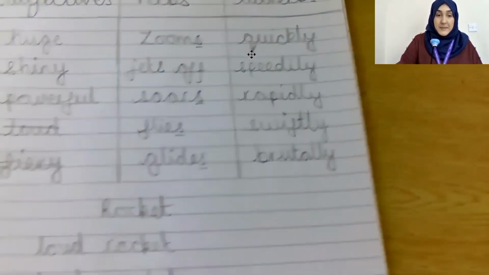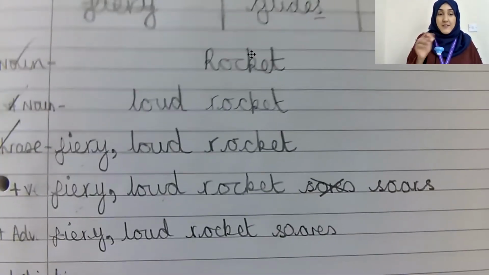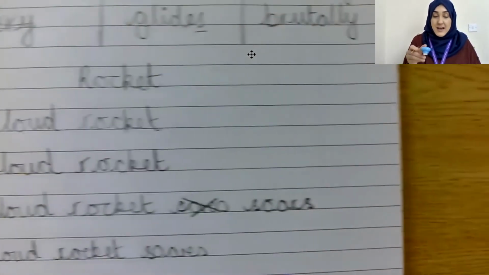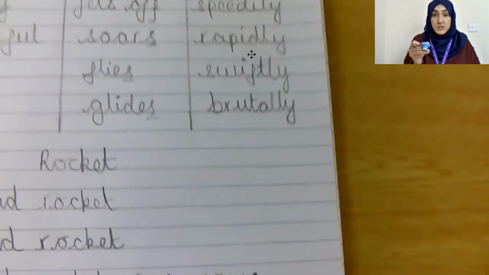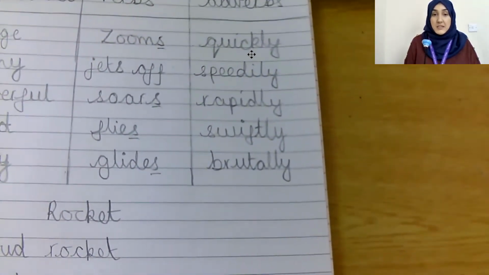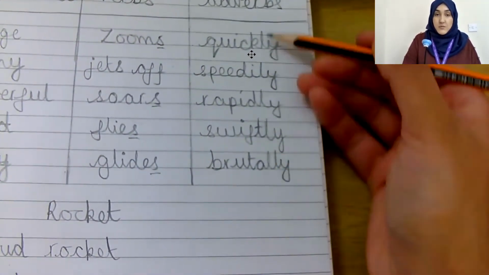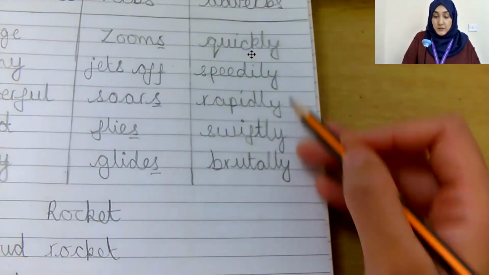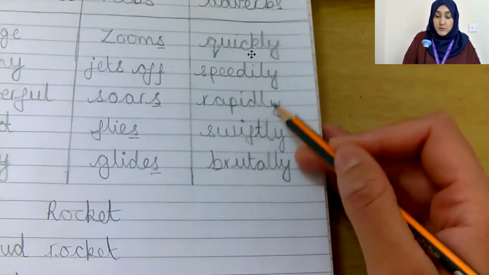What do you think? Because I've used my adjectives fiery and loud, and soars, which is something going at a very fast speed, which adverb do you think would go nicely with that? Is it 1, 2, 3, 4, or 5?